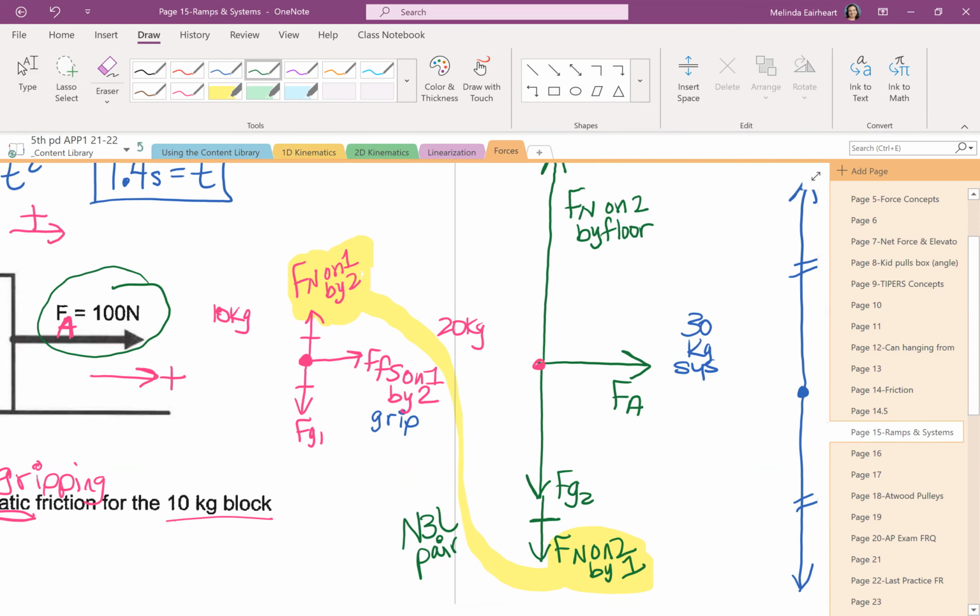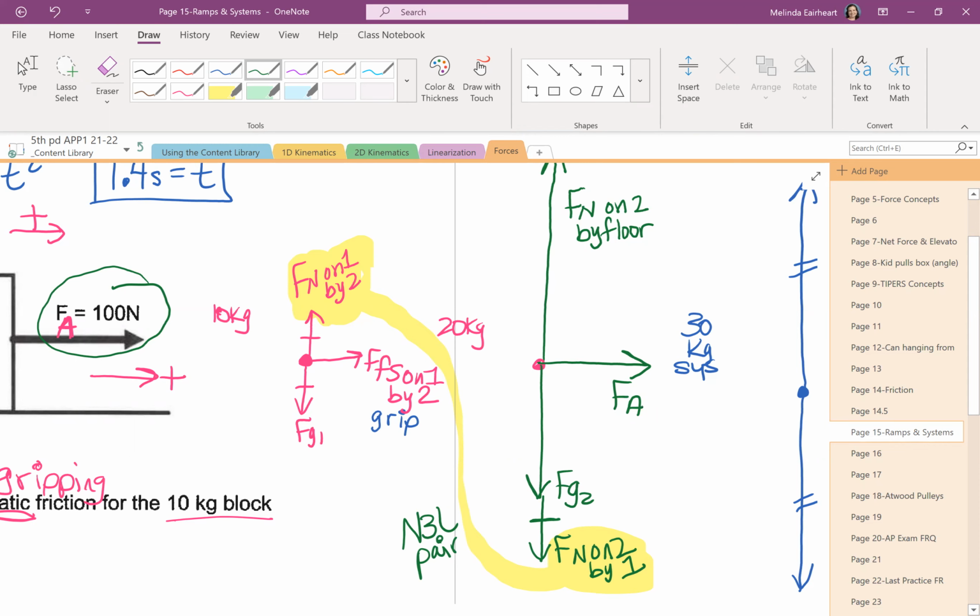All right, what's the other force? Friction with who? Due to who? Say again. So there is a frictional force, a gripping force with the upper block, but there's also friction with the ground.